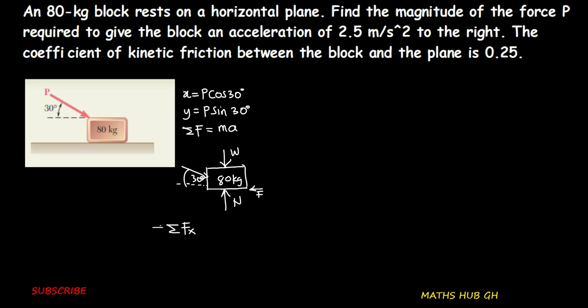I'm considering this direction to be positive. So this should be equal to the mass times the acceleration of the block in the x or the horizontal direction. For the forces in the horizontal direction, you're going to have the x component of the force P, P cosine of 30 degrees, and then the frictional force.